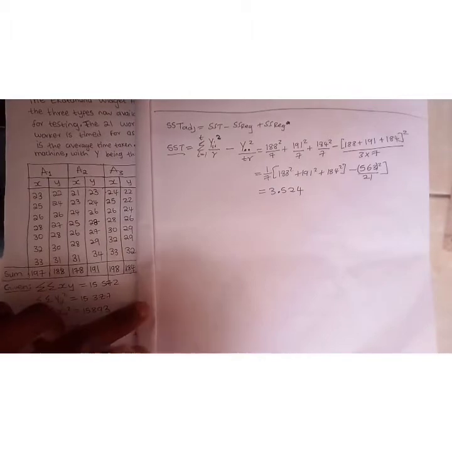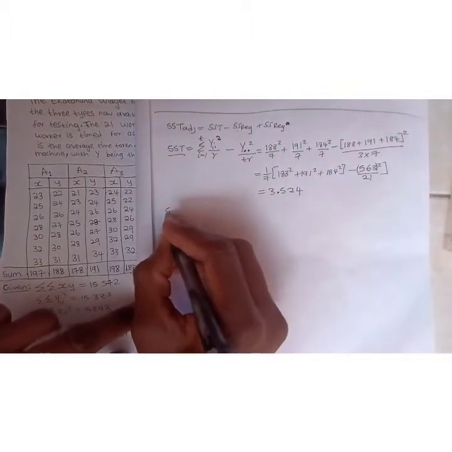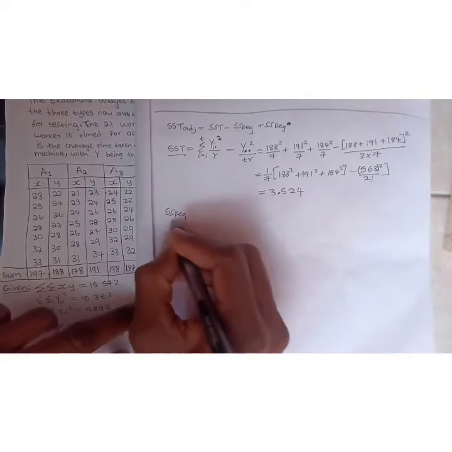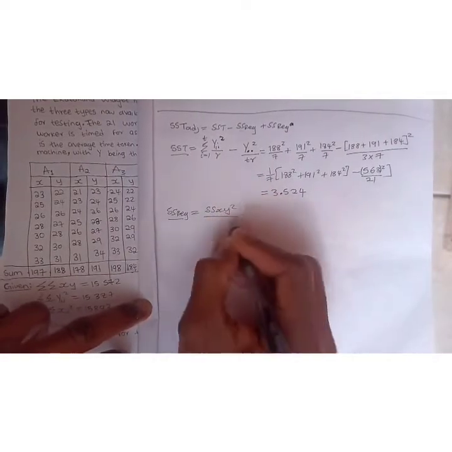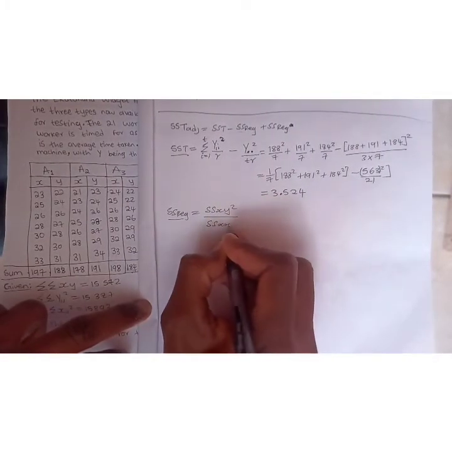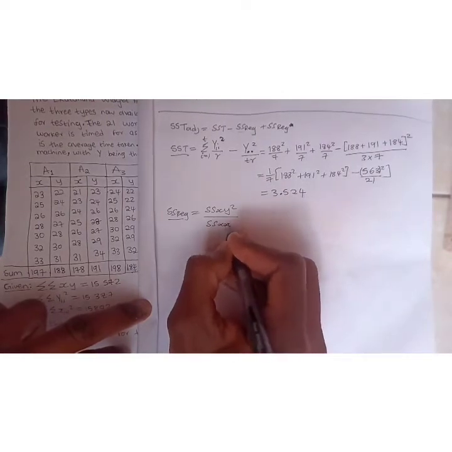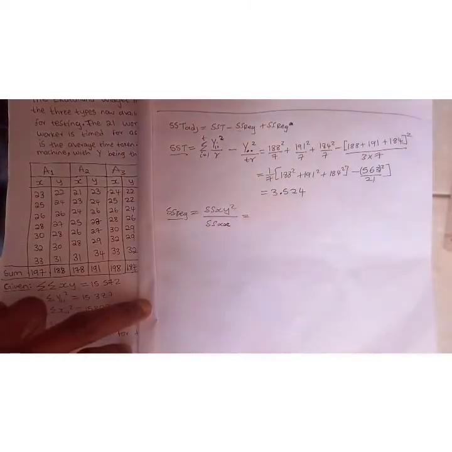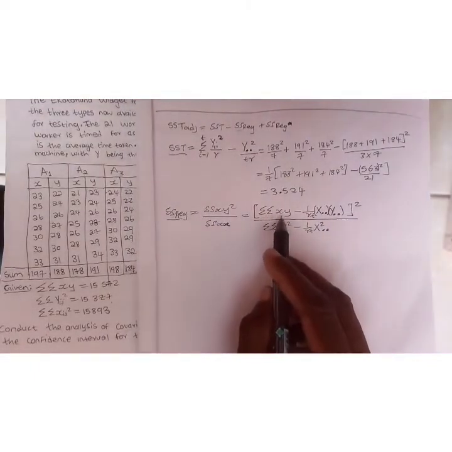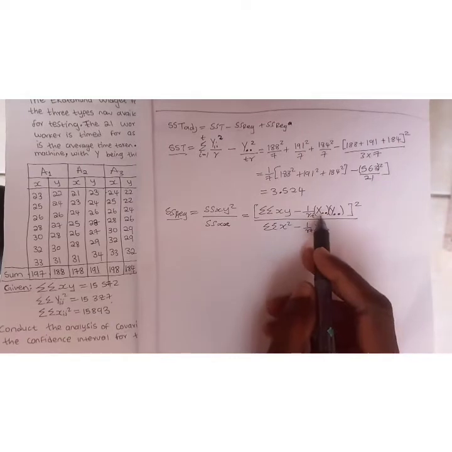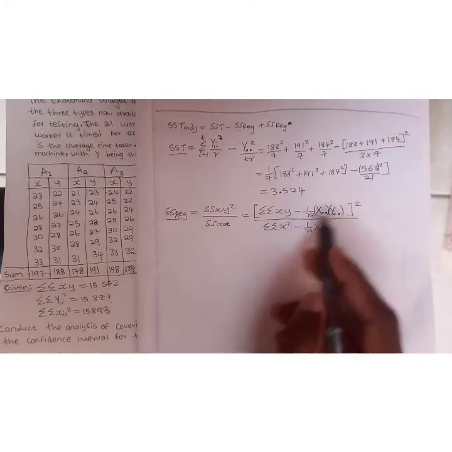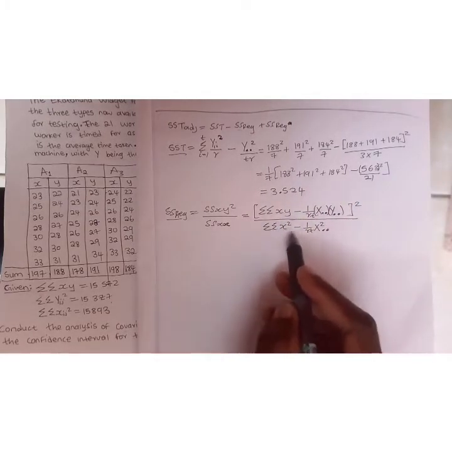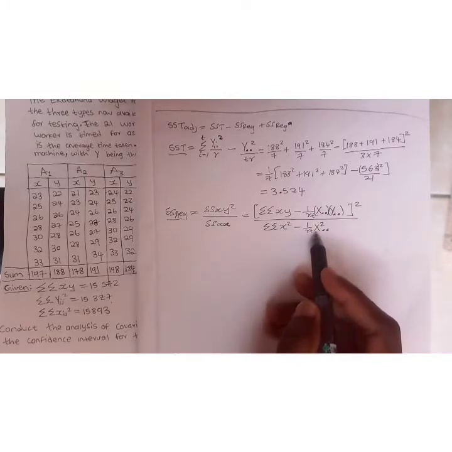Moving further, we'll need the SS reg, which is given by SSXY squared, all divided by SSXX. What is this equal to? It is the double summation of xy minus 1/RT times the overall sum of x times the overall sum of y, all squared, divided by the double sum of x squared minus 1/RT times the overall sum of x all squared.